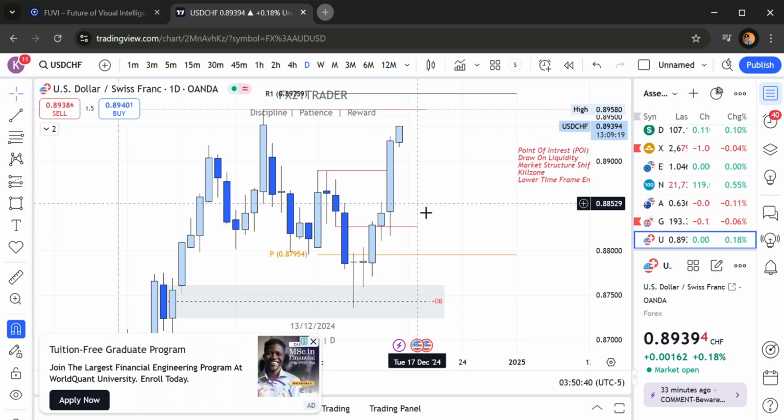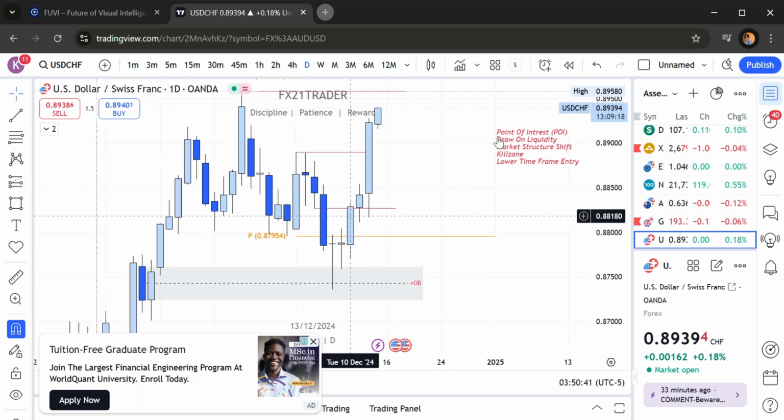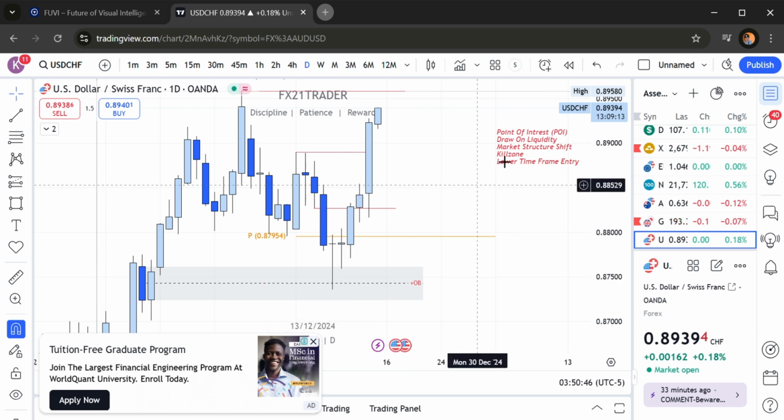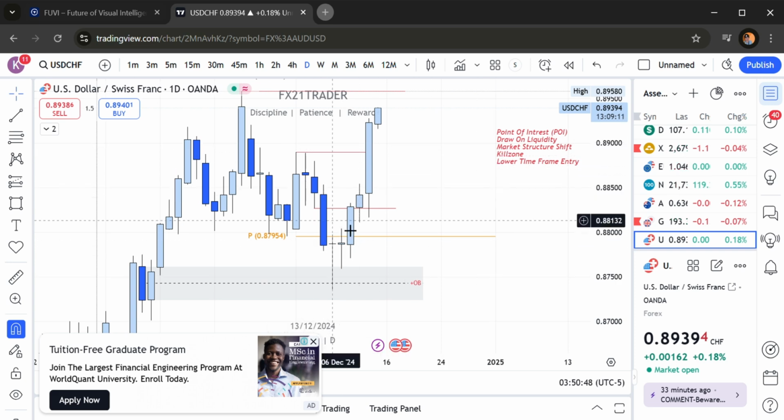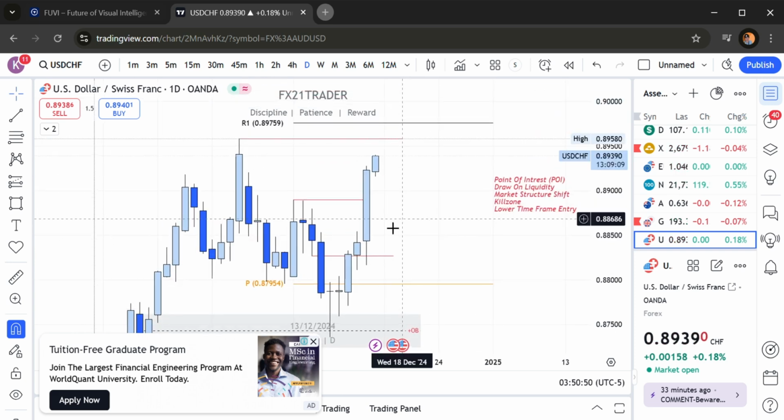So now that we have our point of interest and we know it has been rejected, we have had our market structure shift. We know our draw on liquidity right here.